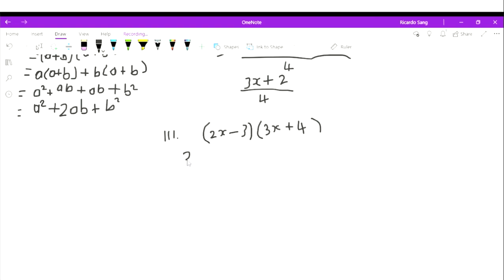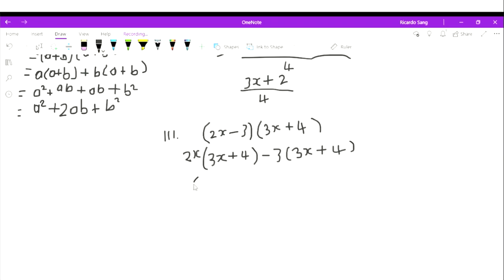So this is going to become now 2x open bracket 3x plus 4, right, minus, that is a negative 3 open bracket 3x plus 4 close bracket. So we can just apply our distributive law.